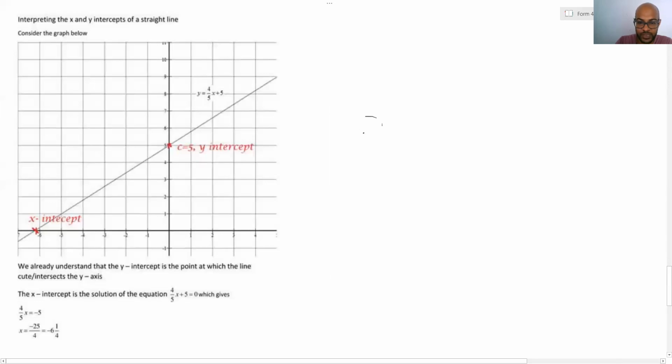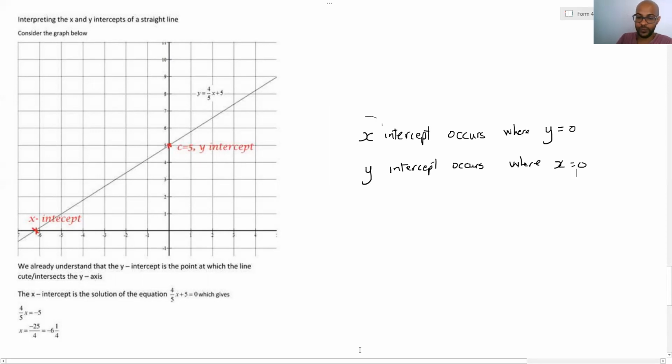I always like to tell students the x-intercept occurs where y is equal to 0, and the y-intercept occurs where x is equal to 0. So they're opposites. And if you just remember these two phrases, then you will never have any problems in finding the y and the x-intercepts.